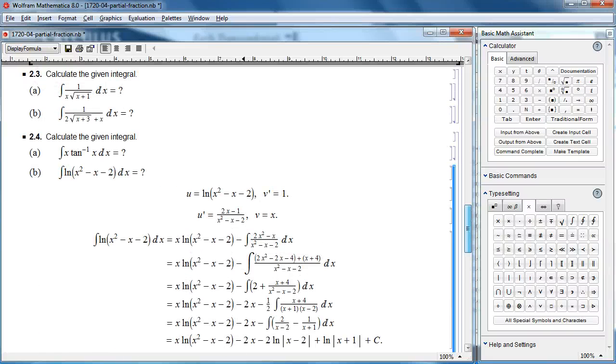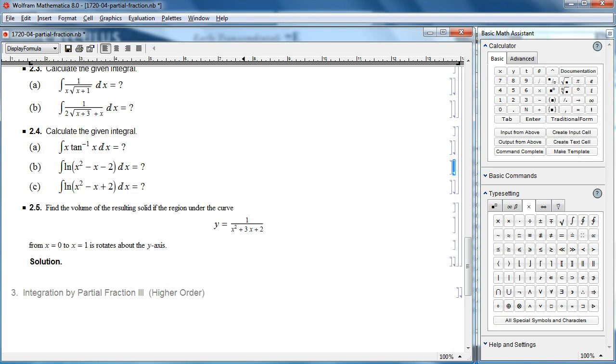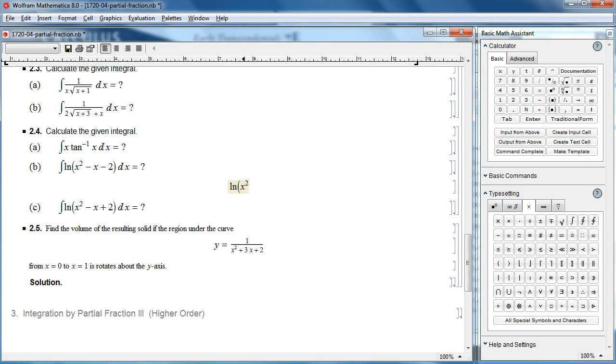Here I use integration by parts, yes, and you have something like that, and same for the next problem, I think, but I think you can use this kind of shortcut. x squared minus x minus 2 is the same as log of (x minus 2)(x plus 1), isn't it?